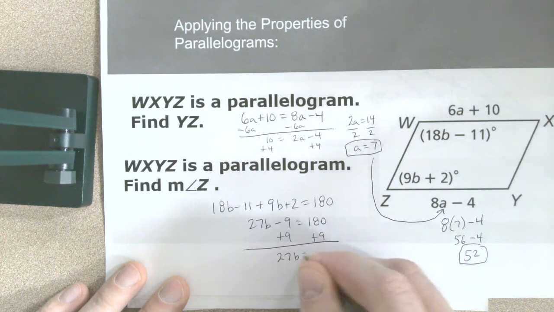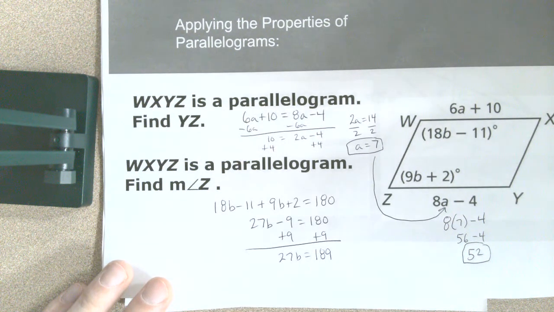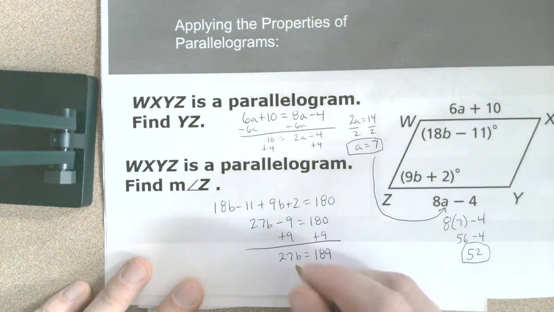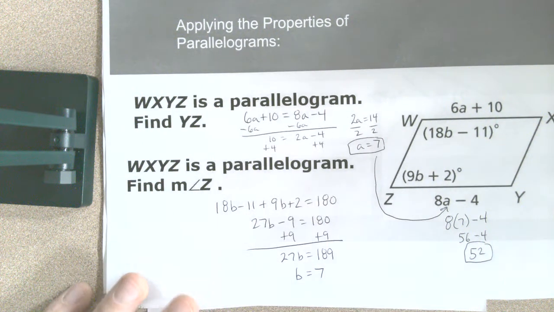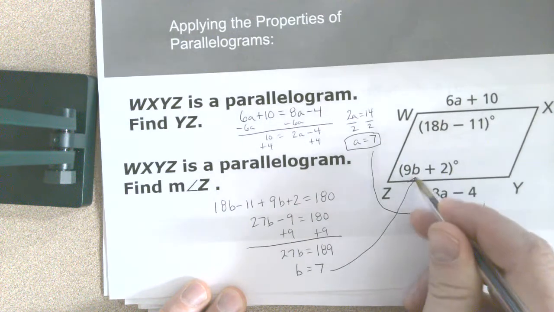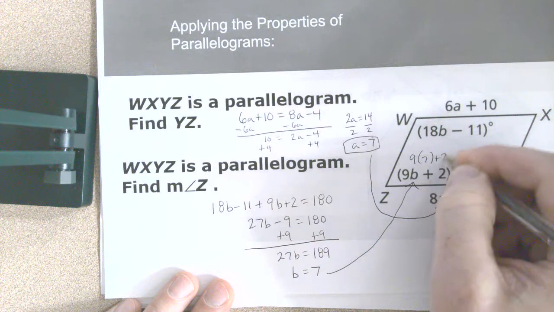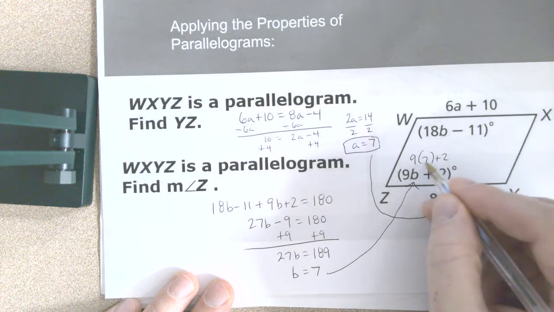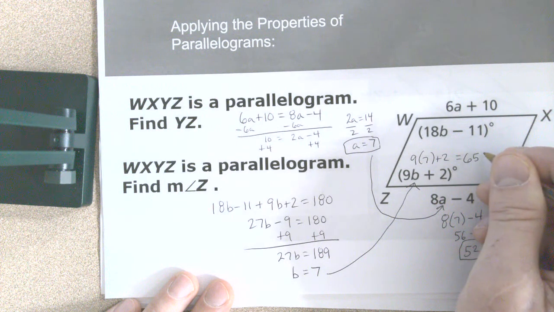So 27B equals 189. I type into my calculator 189 divided by 27. B is also going to be 7. And then I'm going to take that 7 and plug it back in right up here. So 9 times 7 plus 2, well, that's 63 plus 2, which is 65 degrees.